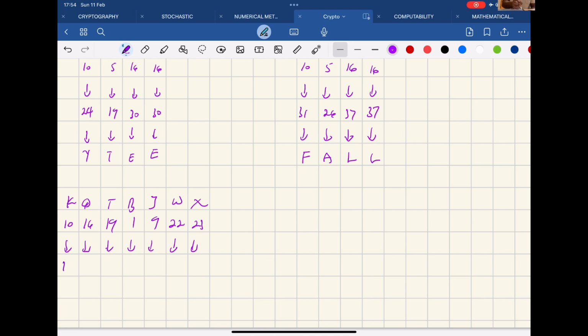You are going to get 31, 37, 40, 22, 30, 43, and 44. 31 mod 26 is 5, so we get F. 37 mod 26 is 11, so L. 40 minus 26 gives 14, which is O. 22 is W. 30 is E. 43 mod 26 gives 17, so R. And 44 mod 26 is 18, which is S. So the first sequence gives us flowers.